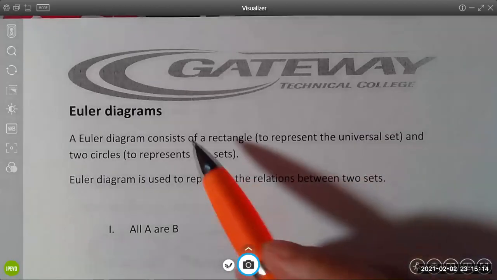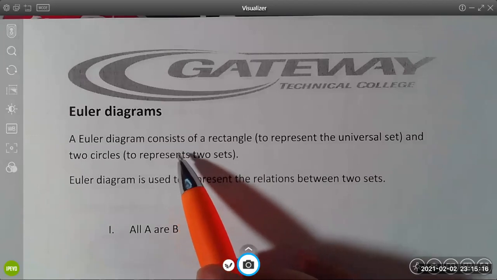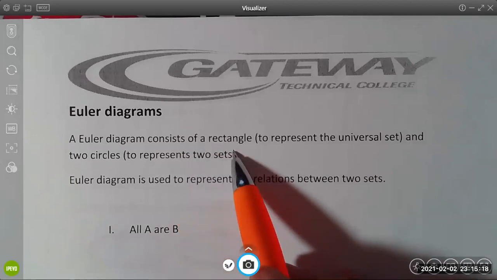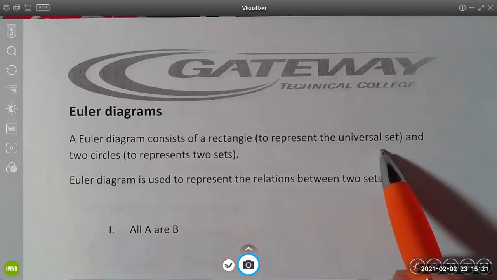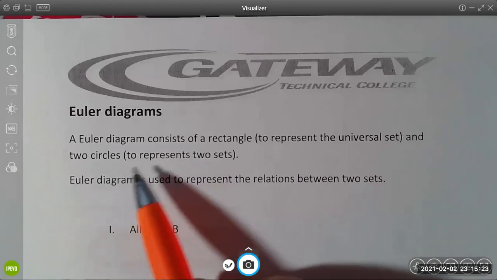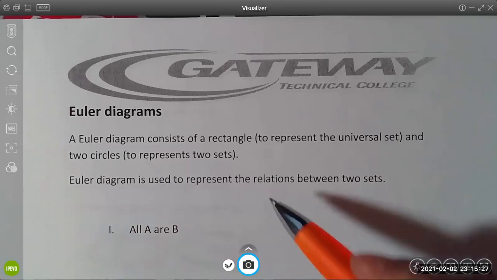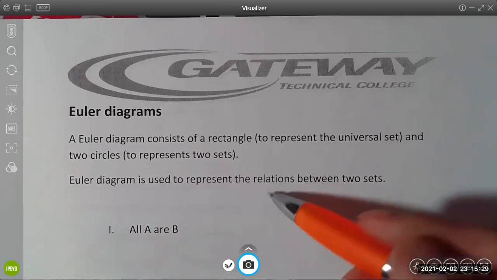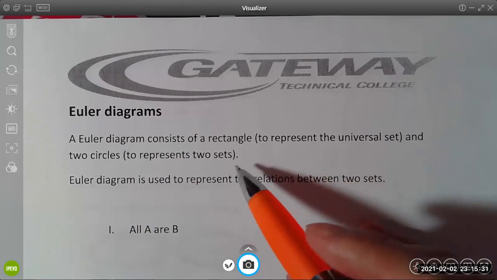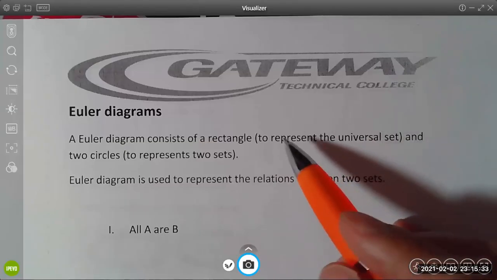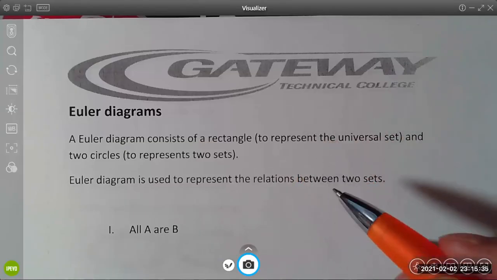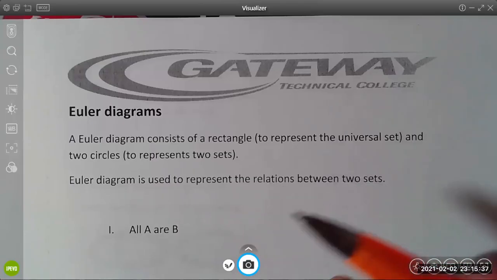In this course, we only deal with this kind of structure: one rectangle to represent the universal set and two circles to represent two individual sets. Even though we could have more than two sets, we don't deal with that in this course. So we only have one rectangle and two circles, two sets.